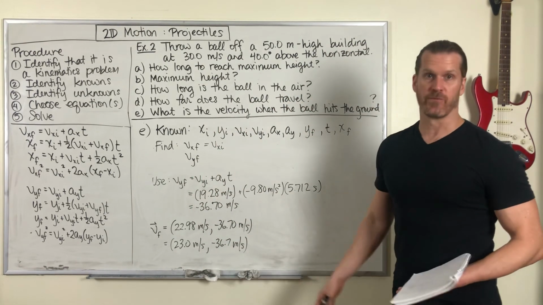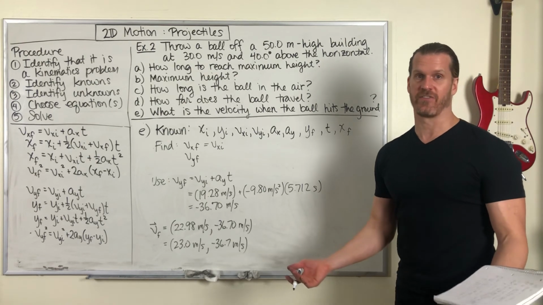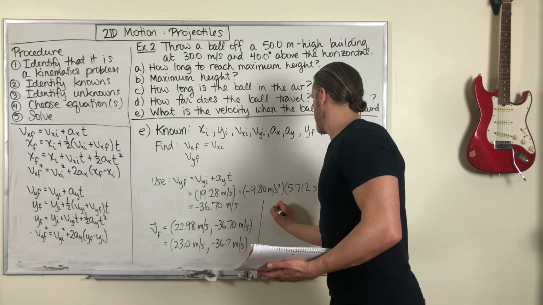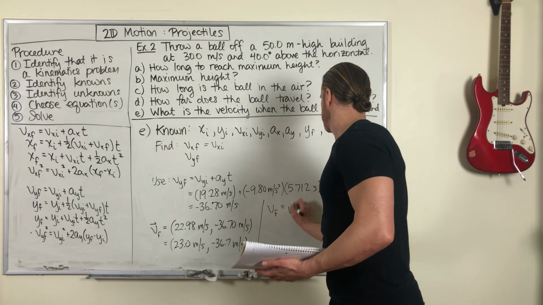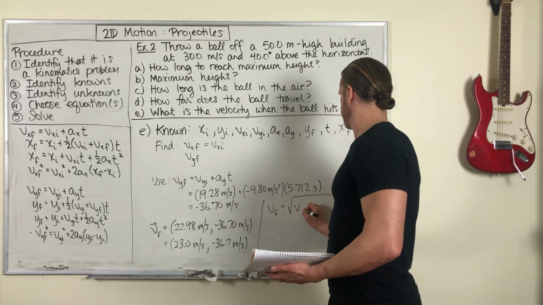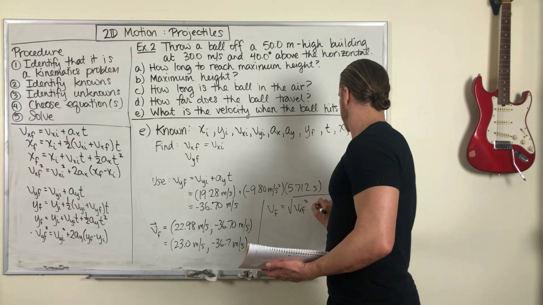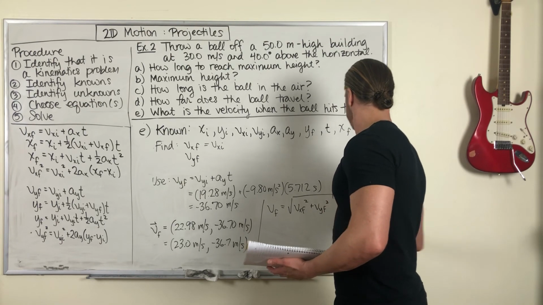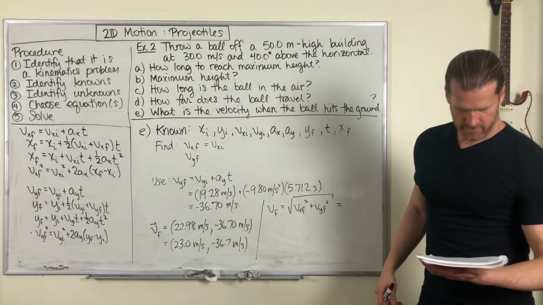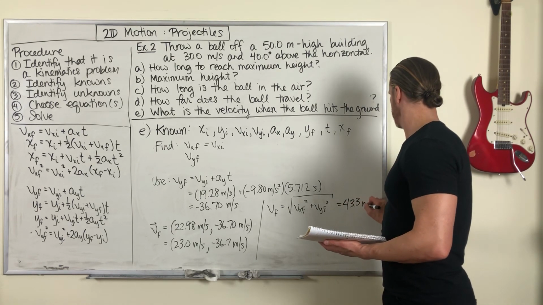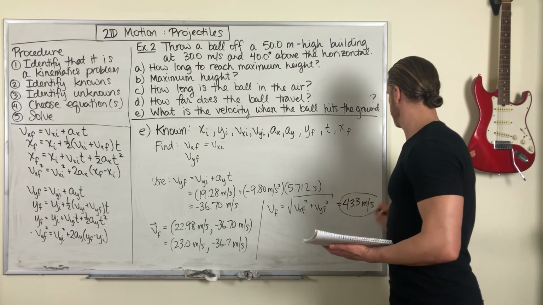Now that's component form. We might also want to express this in magnitude angle form. So the magnitude is given by the Pythagorean theorem. That's 43.3 meters per second.